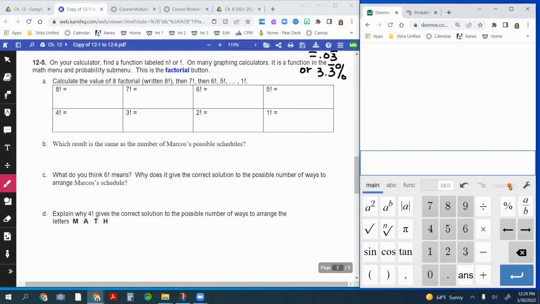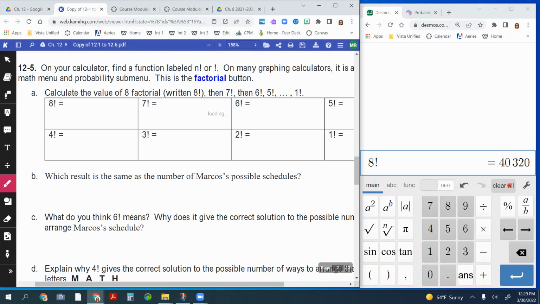So when you're doing this, I'm going to do 8 and then type in an exclamation point, and it will do that math for you. So it is going to give me 40,320. Now let's change this to a 7, and I get 5,040. Let's change this to a 6, I get 720, and change this to a 5.